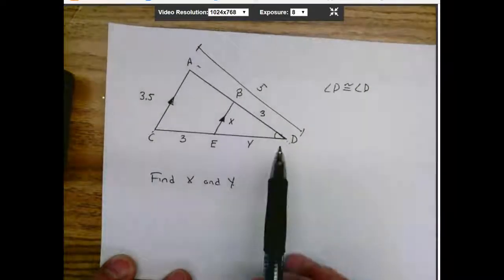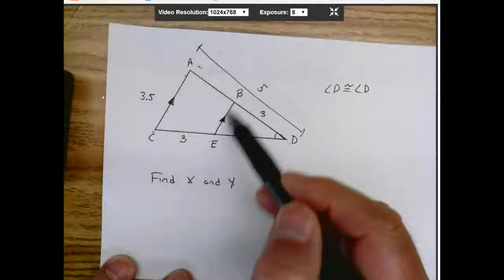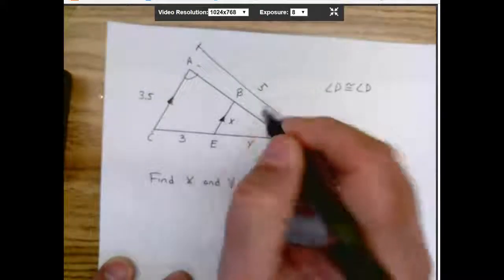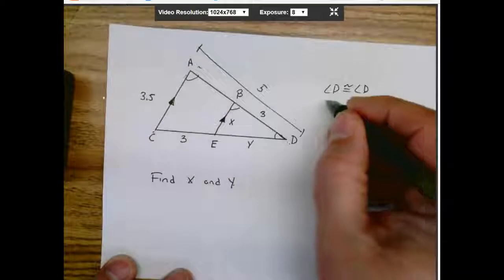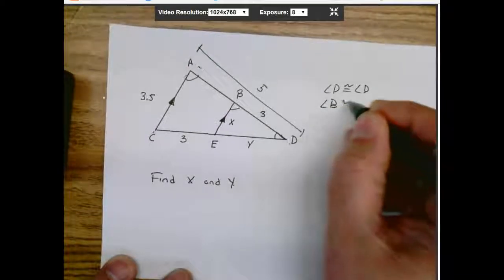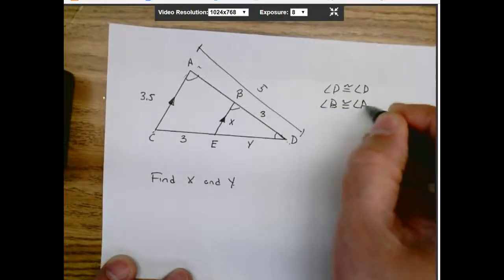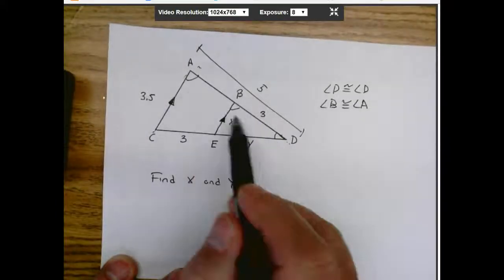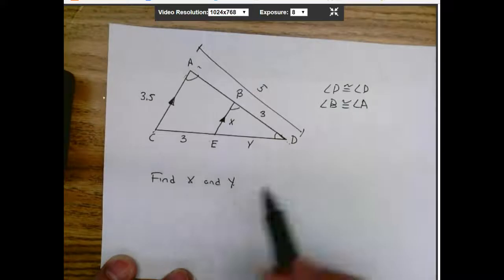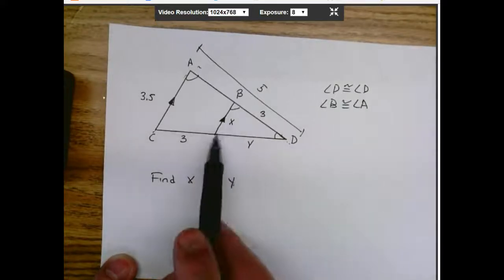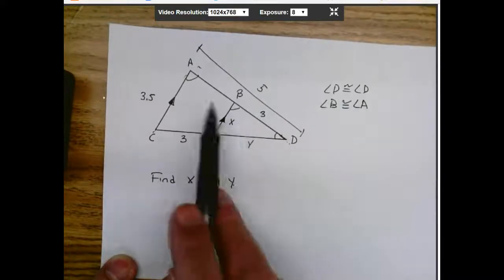And then also, if these are parallel, we know that this angle and this angle are congruent, so angle B is congruent with angle A. And these other two angles are the same as well. Okay, so this is a similar triangle. Different size, it's not congruent, but the angles are.